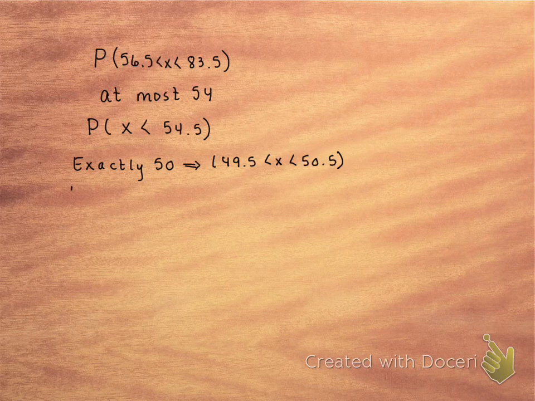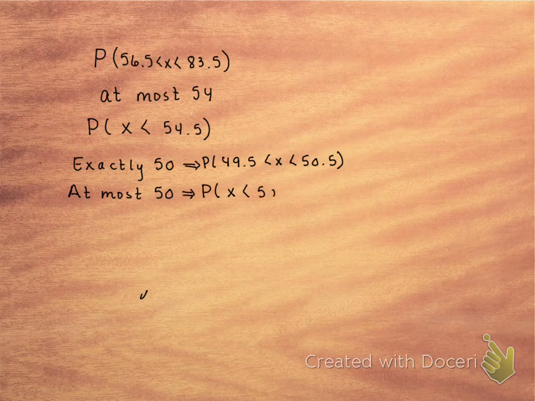Now, if we were at most 50, we need to first decide, are we including 50? Yes, we are. We can have 50, we can have less than 50, but we can't have more than 50. So that probability would look like x is less than 50.5 because we are including the 50.